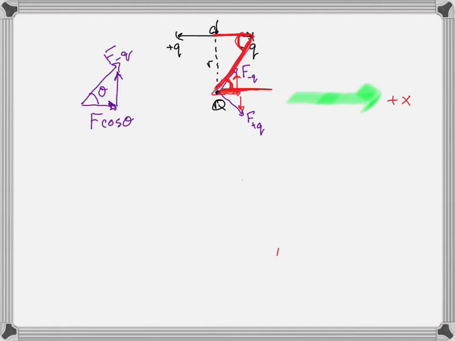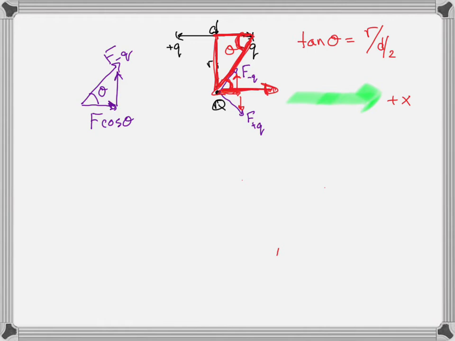So the angle theta that gives us the x component of the force is the same as the angle theta in the triangle that is made up of one side, which is d over 2, and the other side, which is r. So this is theta, so that the tangent of theta, because tangent is opposite over adjacent, is equal to r over the adjacent, which is d over 2.